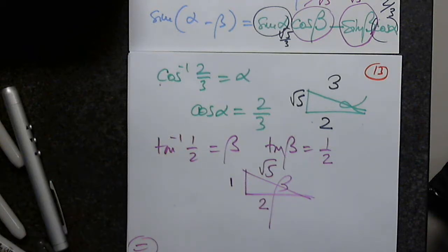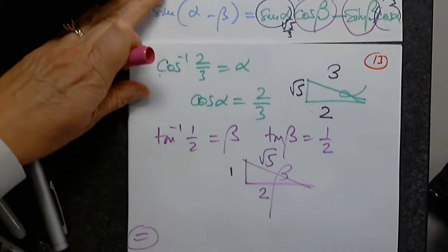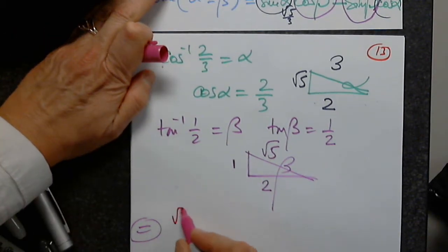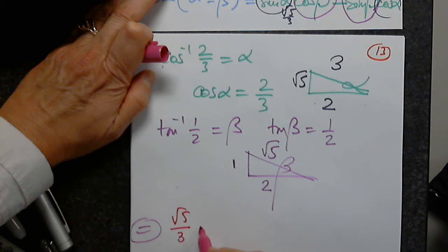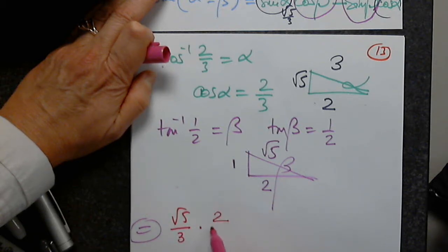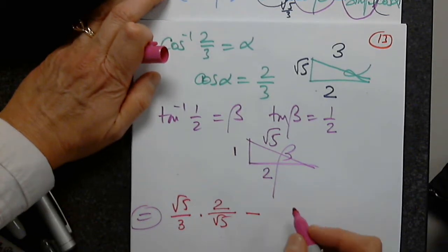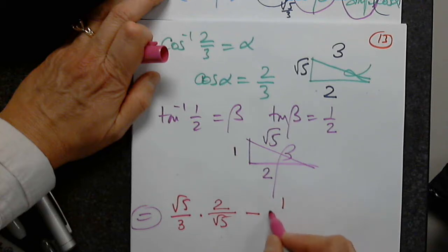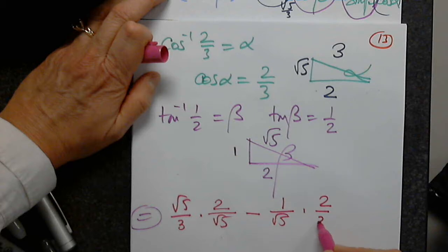Let's write it, don't simplify it just yet, so everyone can see, and then we'll simplify it. The square root of 5 over 3 times 2 over the square root of 5 minus, yes, times 2 over 3.